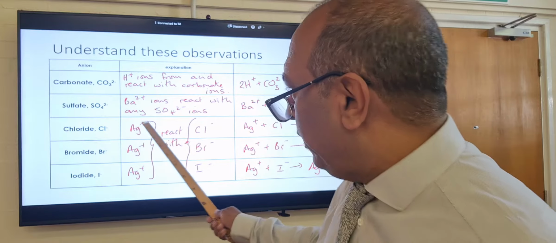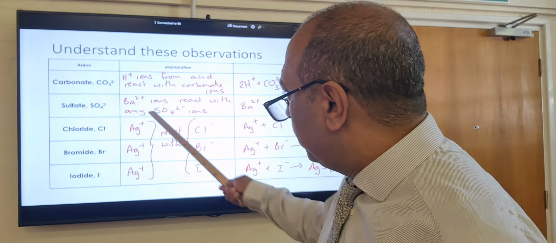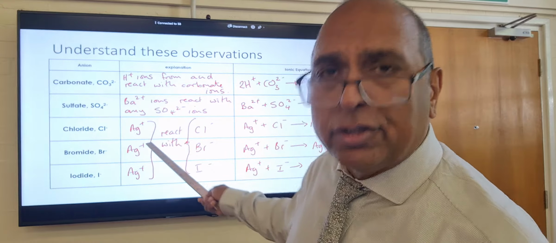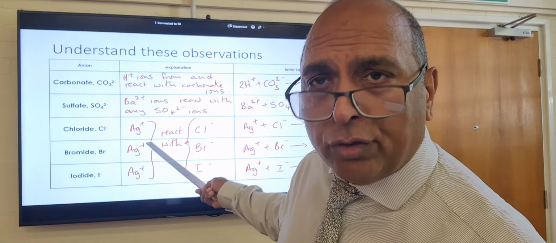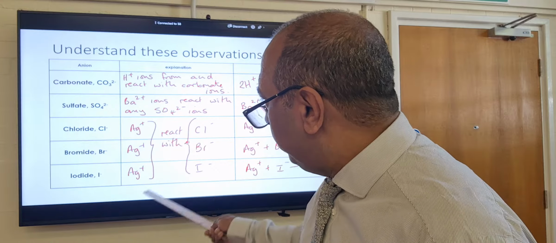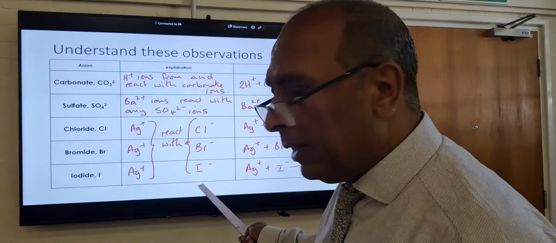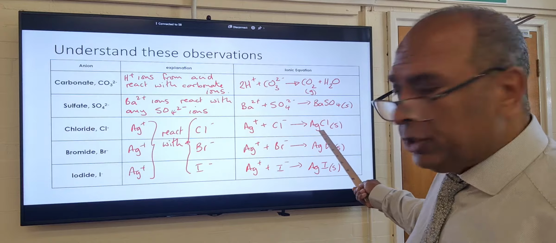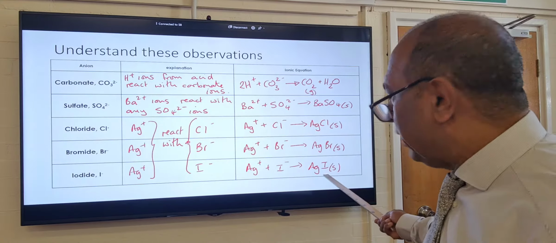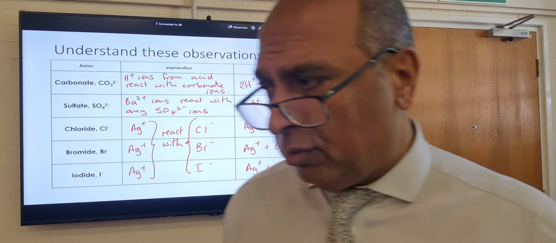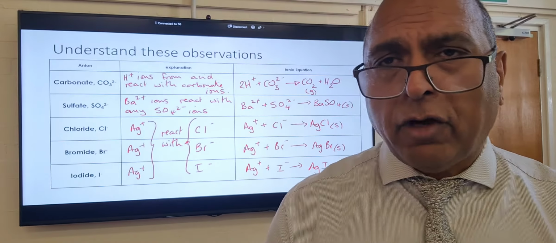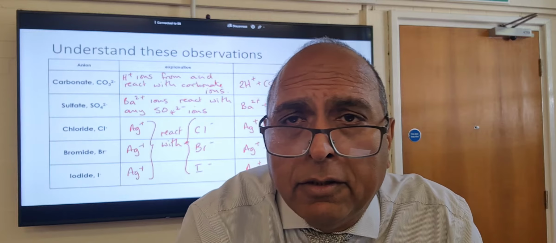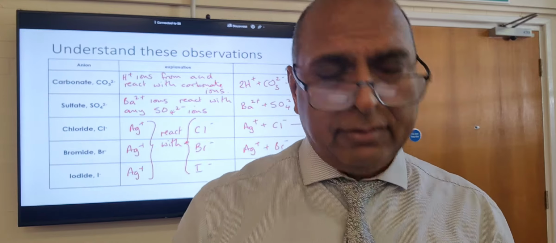The halide ions, chloride, bromide, iodide, in turn react with silver ions from the silver nitrate solution that you were using. Silver ions react with chloride, bromide, iodide, making silver chloride, which is white, silver bromide, which is cream, and silver iodide, which is yellow. And there you've got the five negatively charged ions that you need.